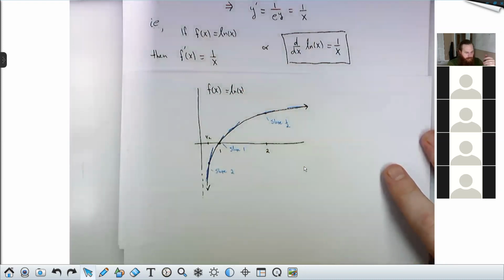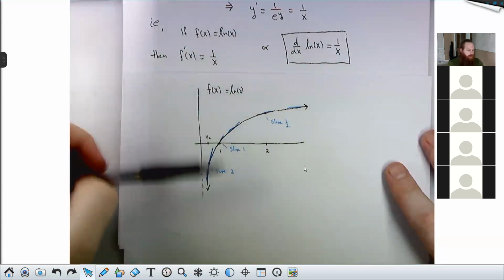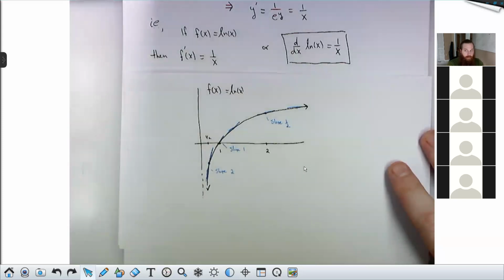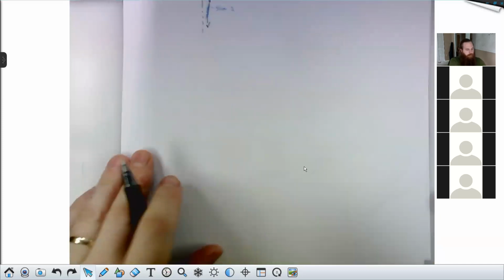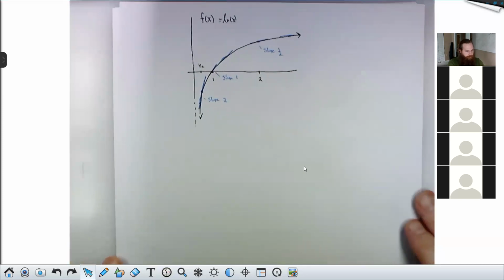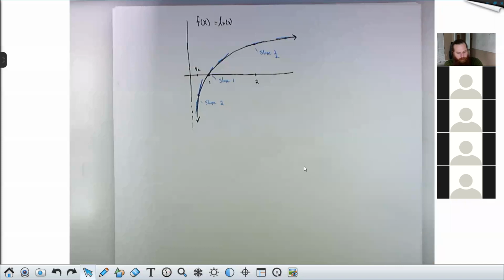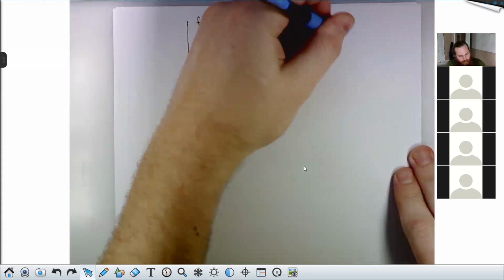In fact, in some slightly more advanced math classes, you define the natural log to be the function whose slope at every positive number x is 1 over x. That can be taken to be the definition of the natural log function. So just like last time, I'll add here, f prime of x is 1 over x.